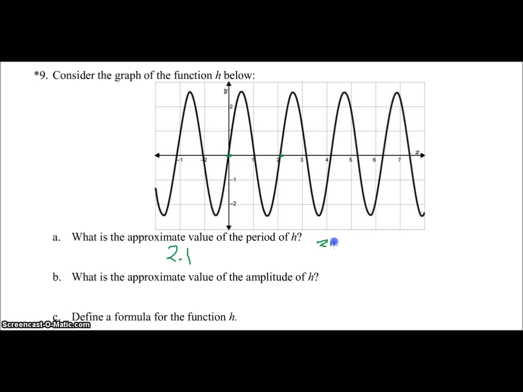The book's answer is 2 pi over 3, which is equal to about 2.1. I'm not sure how they got 2 pi over 3 from that graph. Maybe because here's 6.28, which is 2 pi, and so we go through 1, 2, 3 complete revolutions before we get to 2 pi, so 2 pi over 3 would be the period.